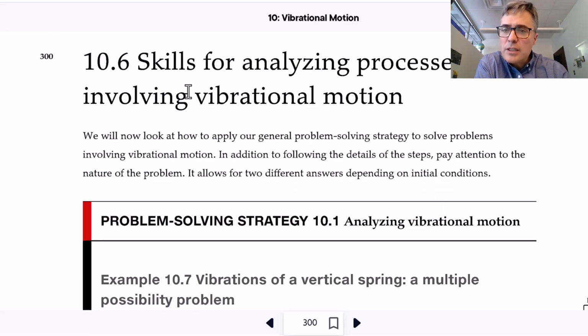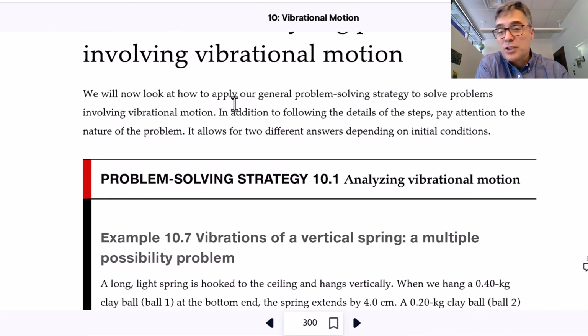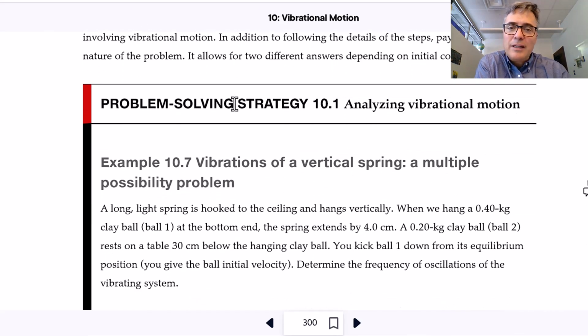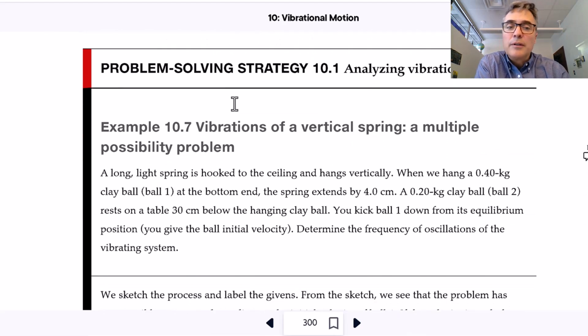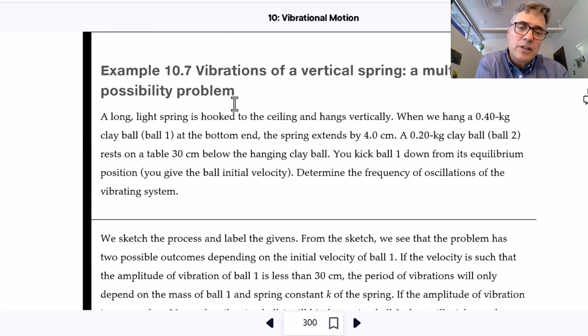Section 10.6 is called Skills for Analyzing Processes Involving Vibrational Motion. Really it is just one example, so it's good to read through it. A long light spring is hooked to the ceiling and hangs vertically.